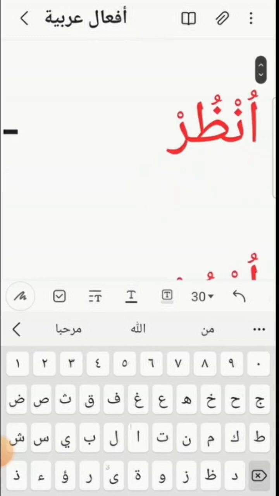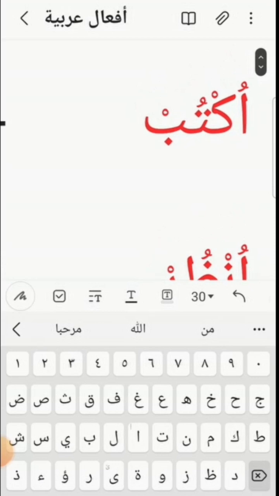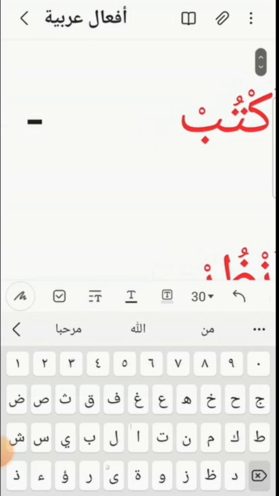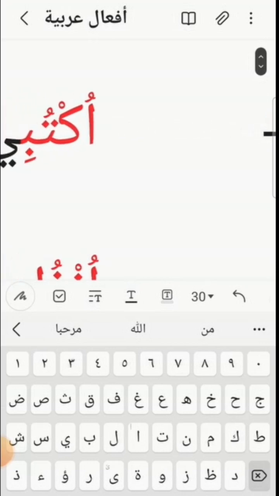Now, these instructions are all for males. One particular male, one person, masculine. So if I say اكتب الكتاب, write the book, or اكتب الكلمة, write the word, I'm speaking to a male person.